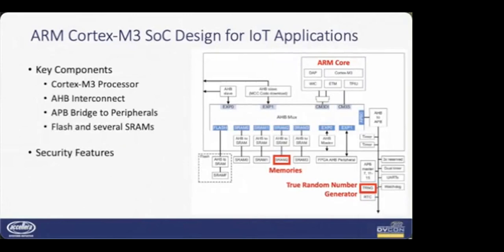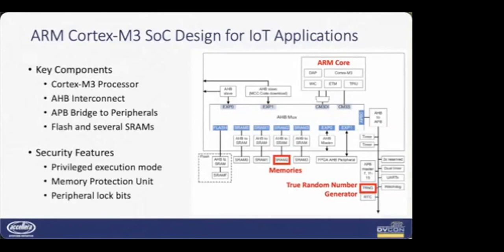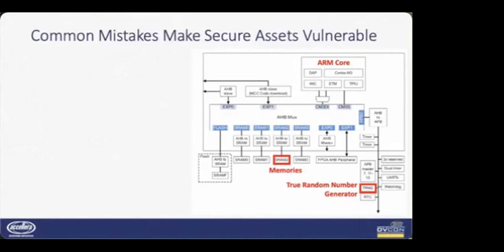The processor supports software running in privileged and non-privileged modes, and it has an MPU, or memory protection unit, to enforce access to certain areas of memory and peripherals that can be locked to prevent access from non-privileged software.